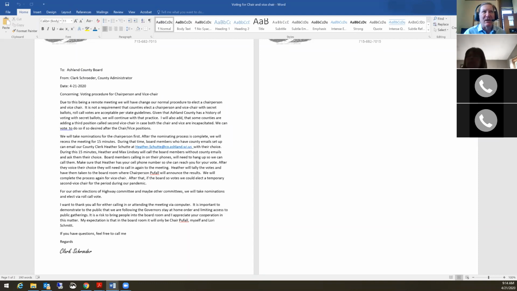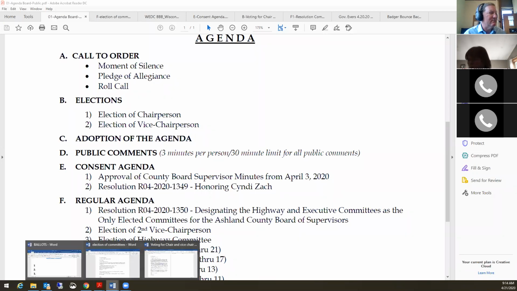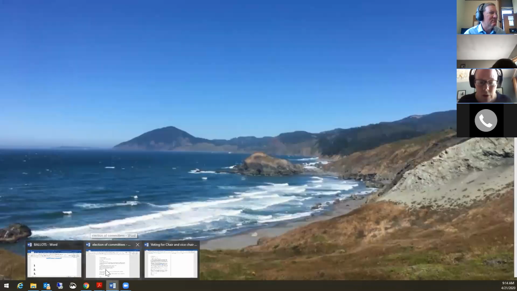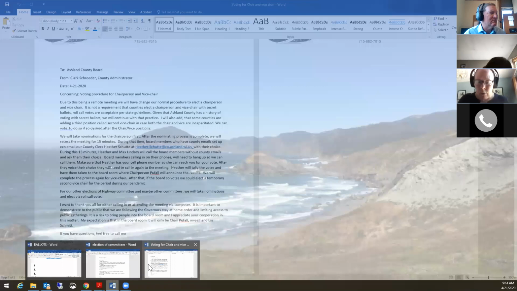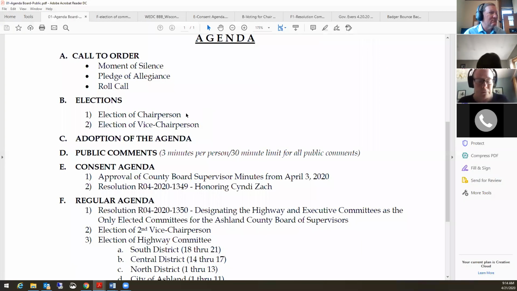Are there any questions on this? I have a point of clarification. Yes. Are we going to have time for each of the candidates who get nominated to say what their vision for the county is and what they want to do with the chair and vice chair positions?